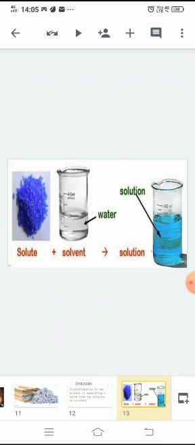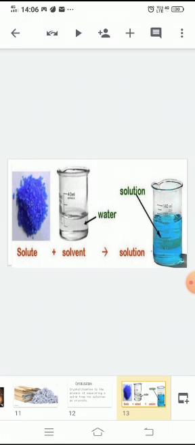Crystals are formed naturally but can also be made artificially by crystallization. First, a solute is dissolved in a solvent till the solution becomes saturated.